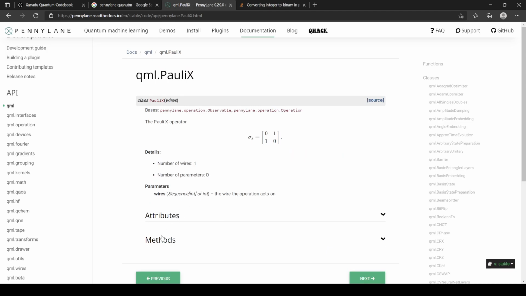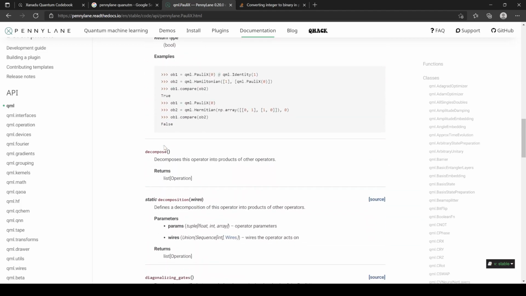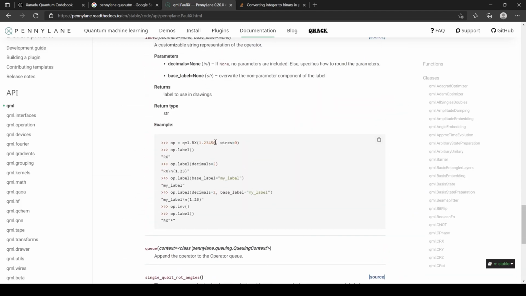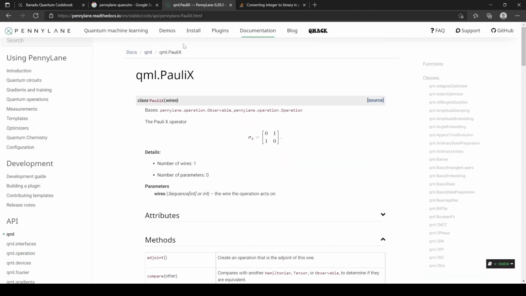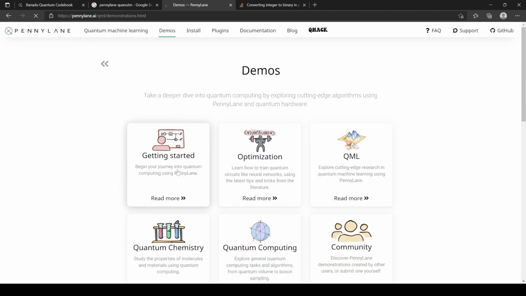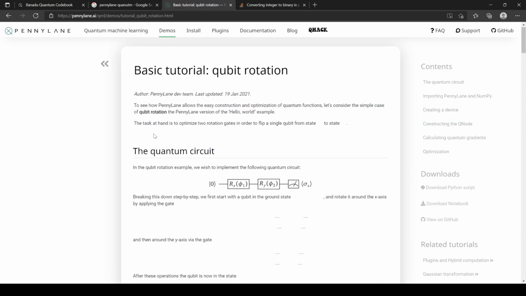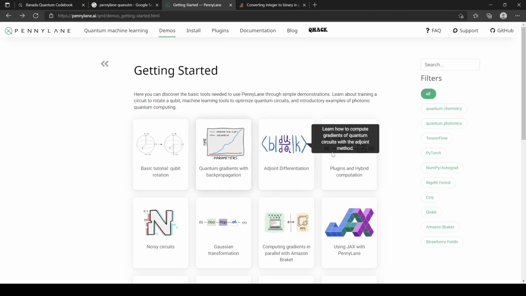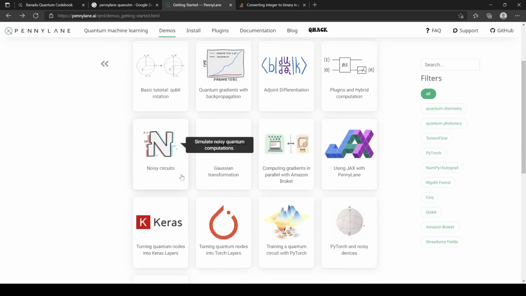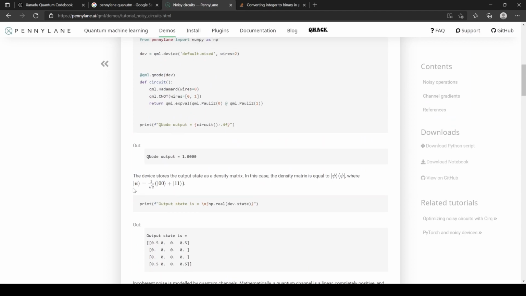Sequence of integers. I mean, come on, this has got to be something possible. I need a multi-qubit example. Sure, we'll do noisy circuits. I bet they have. Yeah, look at this: wires equals 0, 1.